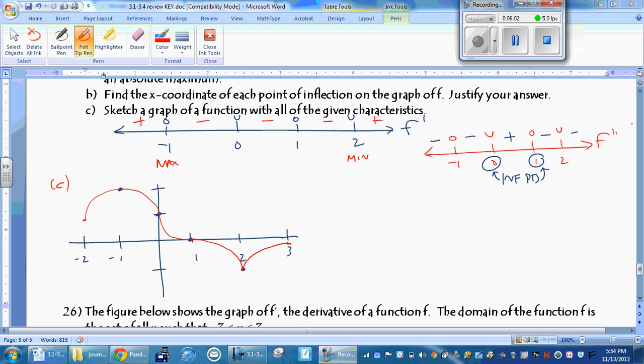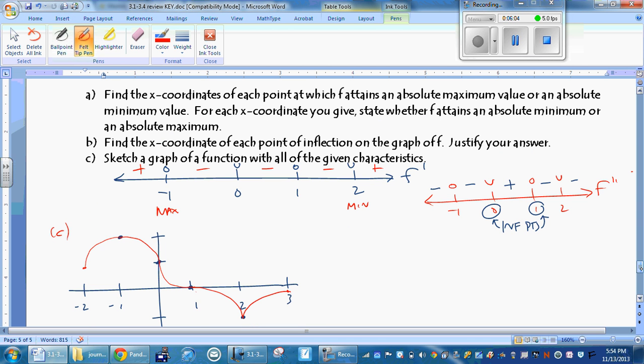Now we want to go back to parts A and B and answer our questions. Part A says find the x-coordinates of each point at which f attains an absolute maximum or an absolute minimum. So now that we have that graph, we can tell that the absolute max is going to be at x equals -1. Right, there are no points on the graph that are going to be higher than that. Even if yours isn't exactly like mine, that's going to be the absolute maximum.